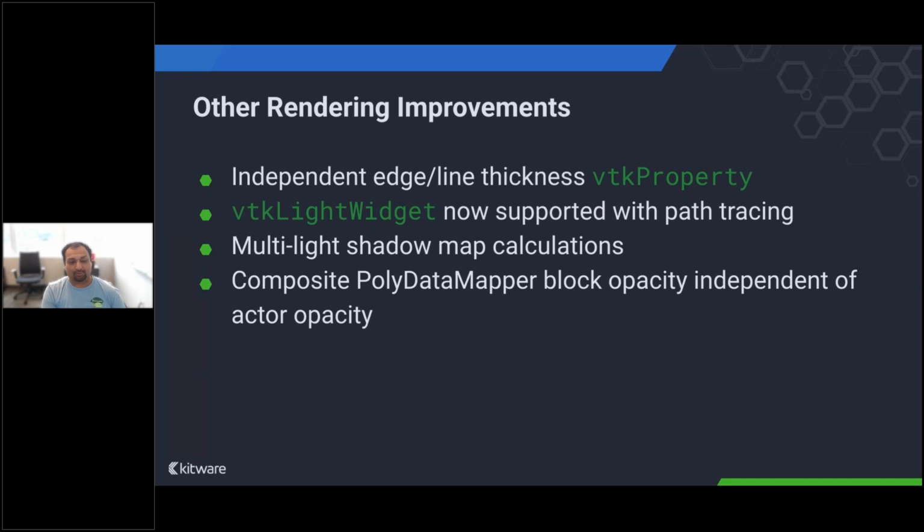A new property was added to ensure that you can now set opacity per individual block. So say you have multiple different blocks that you're rendering as part of this composite polydata mapper, and you want to control different opacities for each individual block, you can now set that, and it overrides what the actor's opacity was.